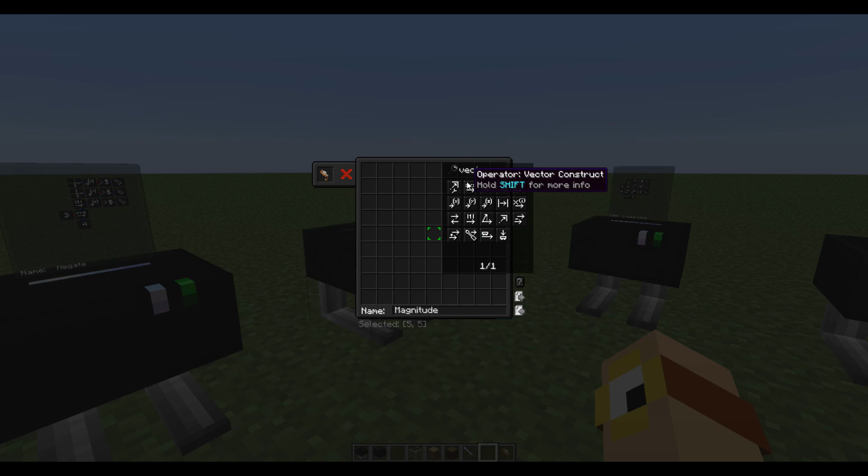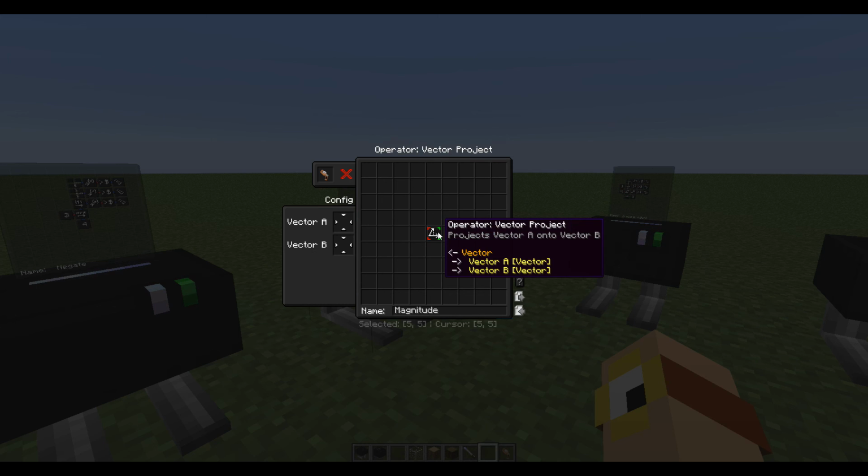Now there is one operator, I was trying to say this earlier before I remembered normalize, that I'm not going to talk about, and that is vector project. I'm going to be honest here, I don't actually know how this works. It's complicated. I mean, I can show you the equation. There is an equation that determines the output of this, and it is very complicated.